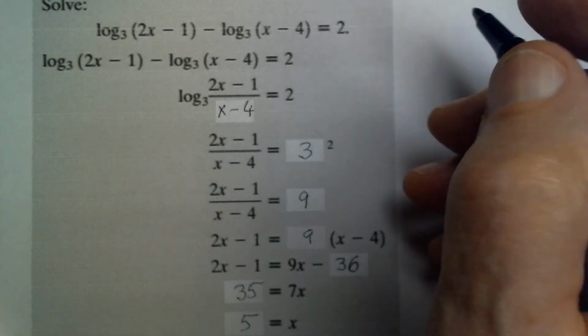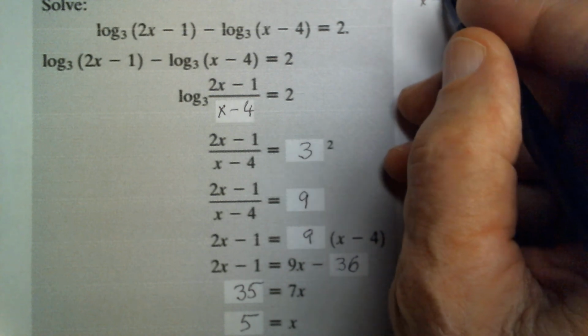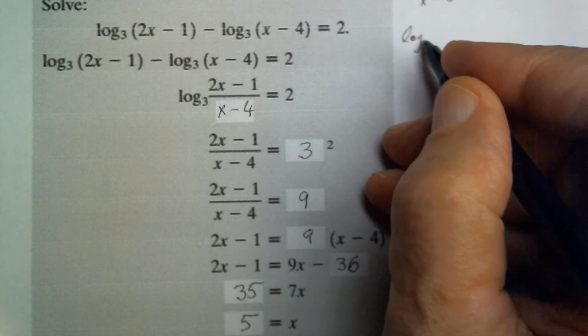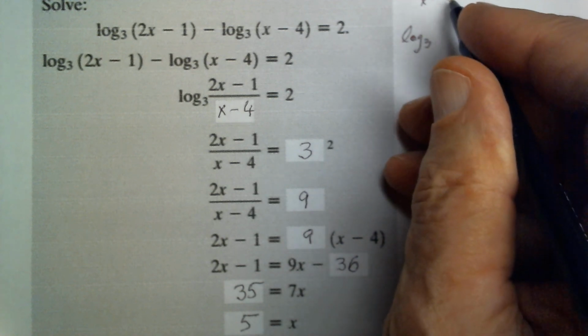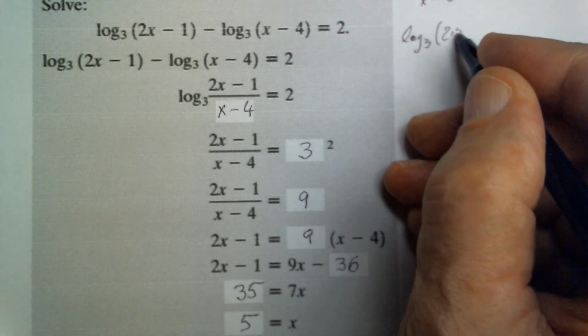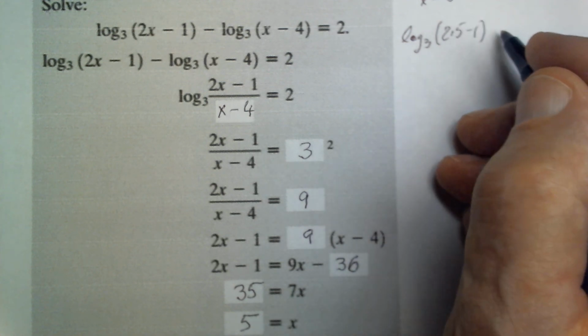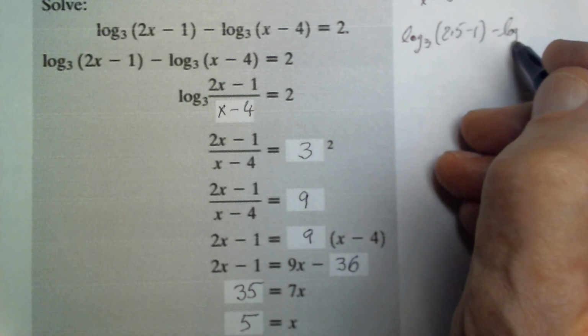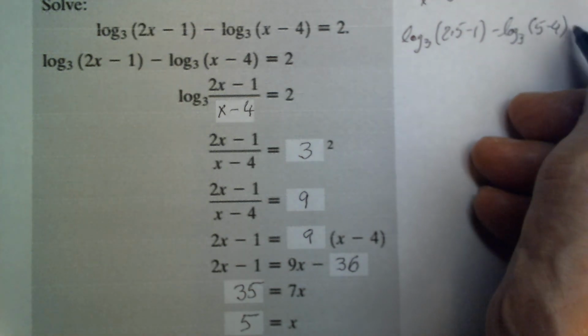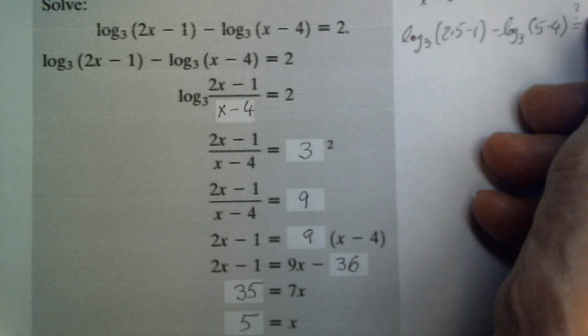So let's check the answer, x equals 5, in the original equation. So that means the log base 3 of 2 times 5 minus 1 minus the log base 3 of 5 minus 4, is that equal to 2?